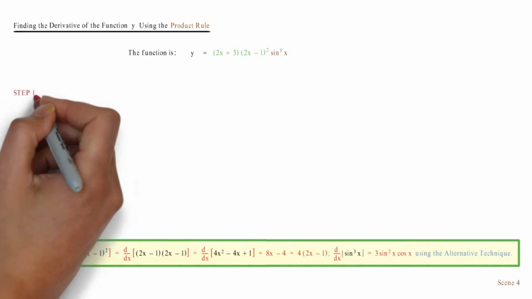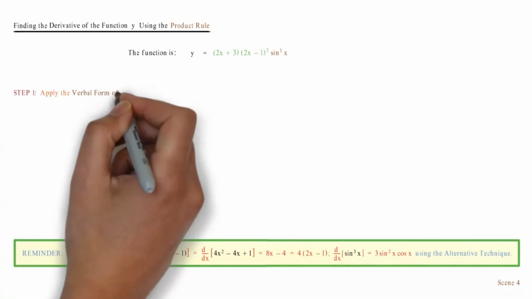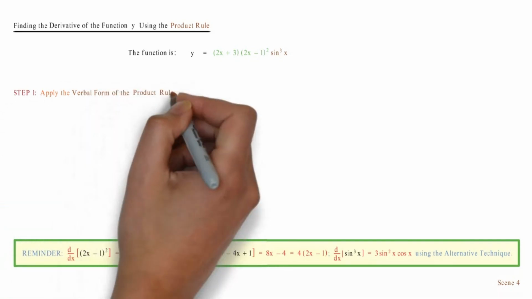Step 1. Apply the verbal form of the product rule.